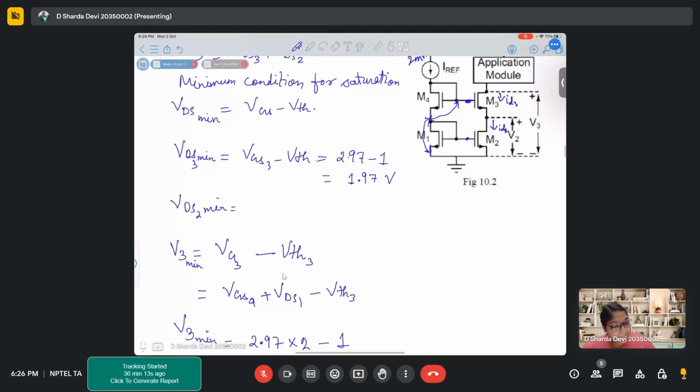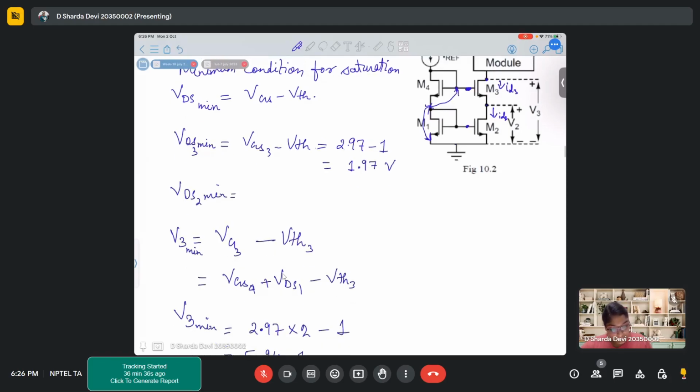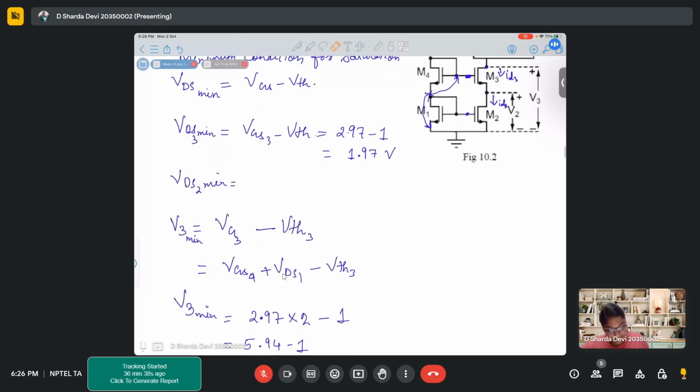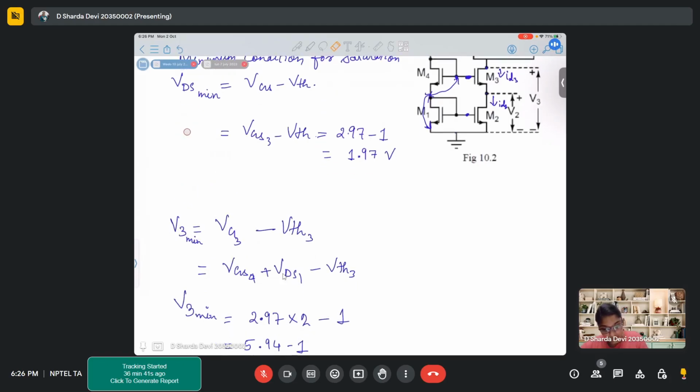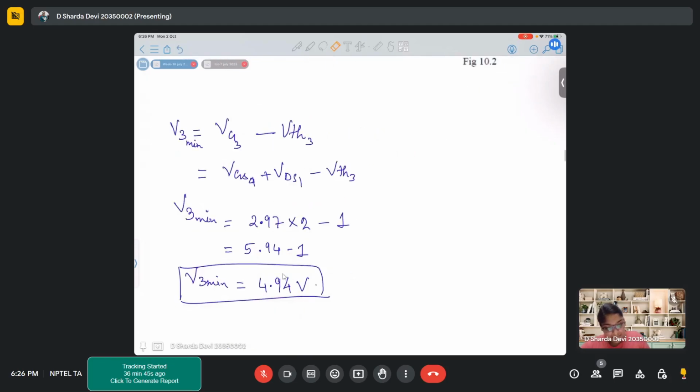So this is the minimum voltage which is required at this particular point V3 to keep transistor M3 as well as M2 in saturation. Maybe this method is much easier, so we can ignore the other method, which needs a little more analysis.